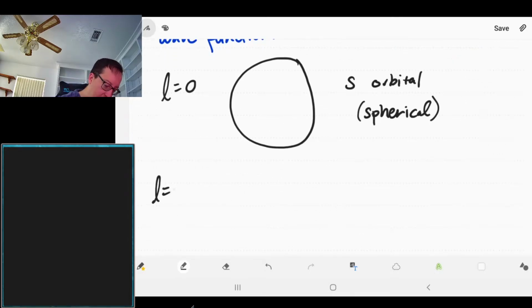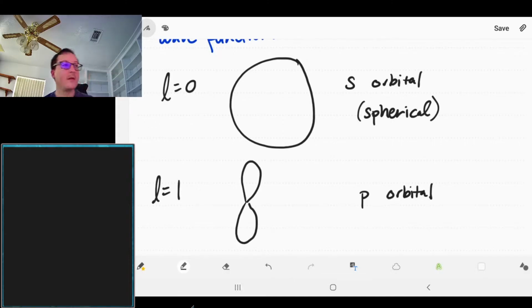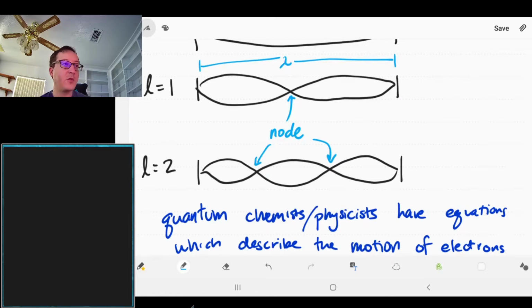If we move to the next one, we get what are called p orbitals. And they look like little dumbbells. What's important, though, is with these dumbbells, we have a node there. And just like the waves above, the node is where those waves are completely canceled out, right?